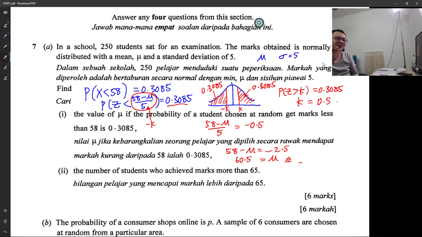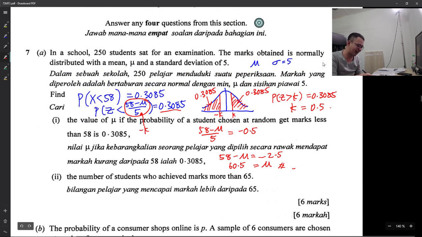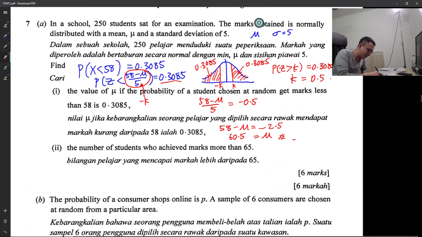How do we know the z-score is negative? If you do not know how to see the z-score, please check out my probability distribution video. I do explain about this. Basically it's because of the less than sign. So I know it's less than, and then you need to know the area. And why negative 0.5? Because the real k is a negative value. I just borrow the positive part to help me find the negative k.